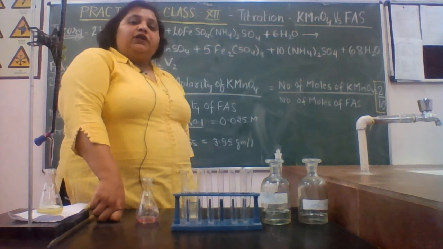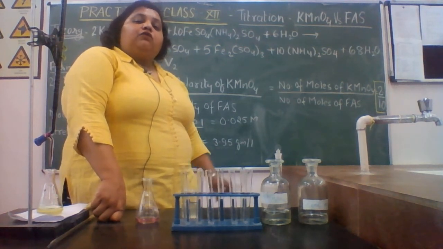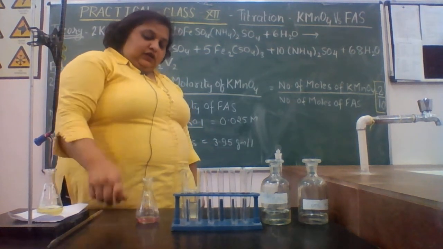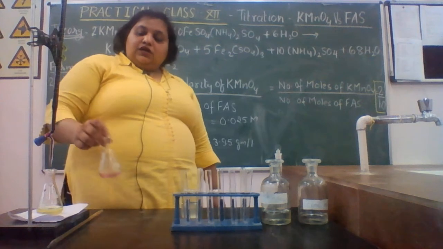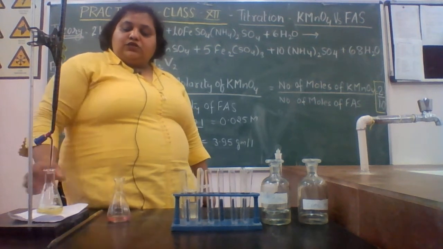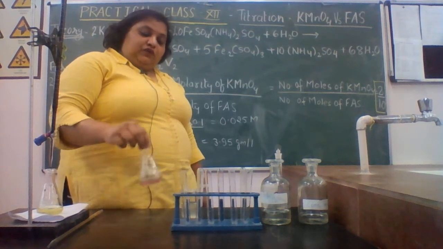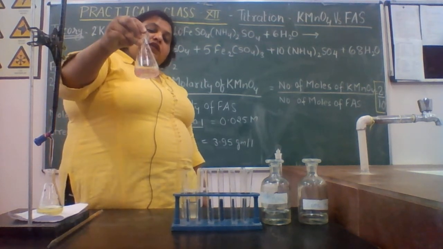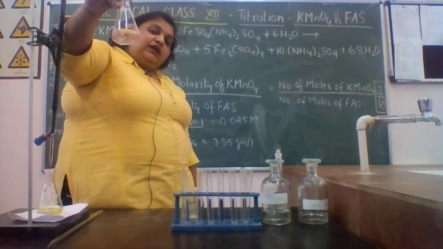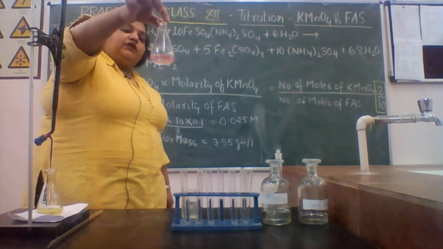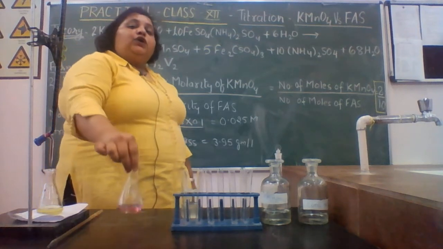If your pipette is of 20 ml, add the full test tube of the sulfuric acid, right. Then you just add KMnO4 solution drop by drop to the ferrous ammonium sulphate till the color becomes pink, light pink, just a change in the color like this, right.